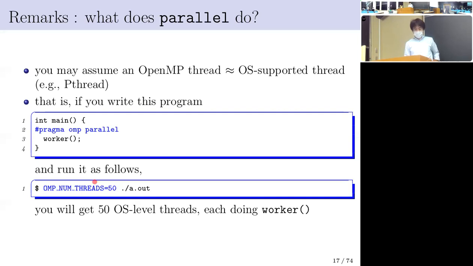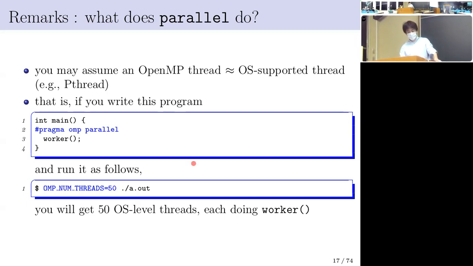So what does this parallel pragma actually do in the implementation? The language spec generally does not speak too much about how it is exactly implemented. Even if you look into the OpenMP spec, this is not something that is precisely specified.